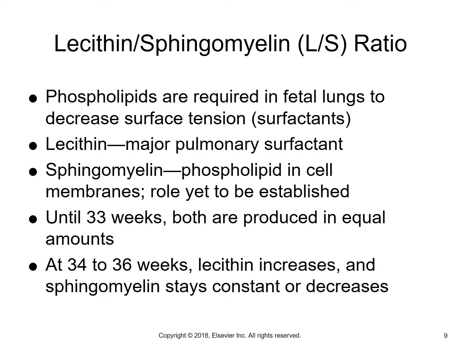This has led to a calculation of a lecithin-sphingomyelin ratio, which has become very important when evaluating fetal lung maturity or pulmonary status. An L/S ratio of less than 2 is associated with immaturity of the fetal pulmonary system, whereas a ratio equal to or greater than 2 indicates maturity.